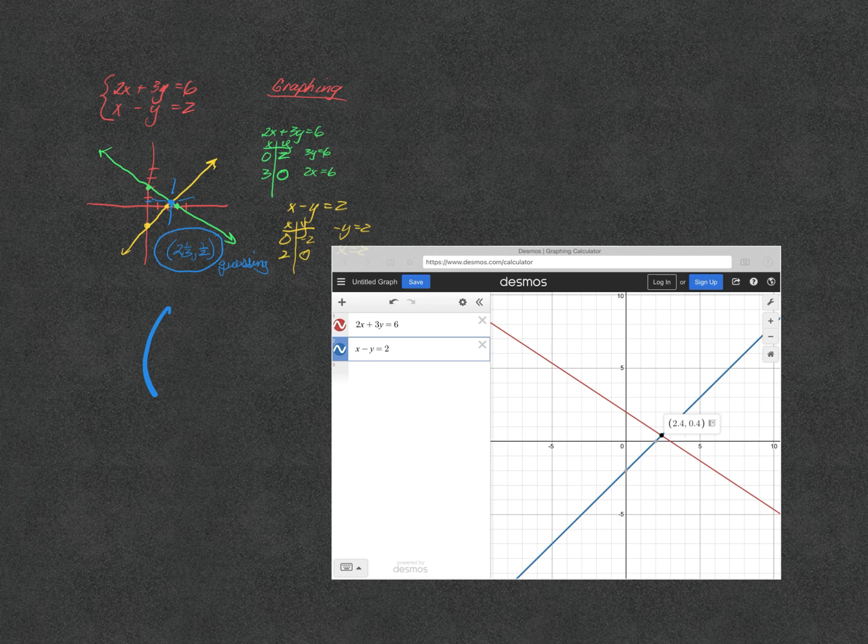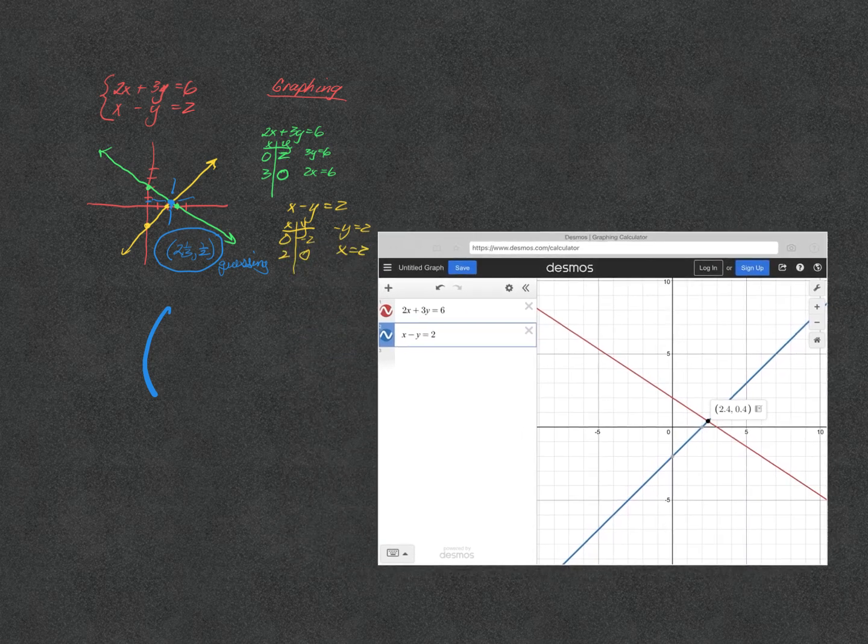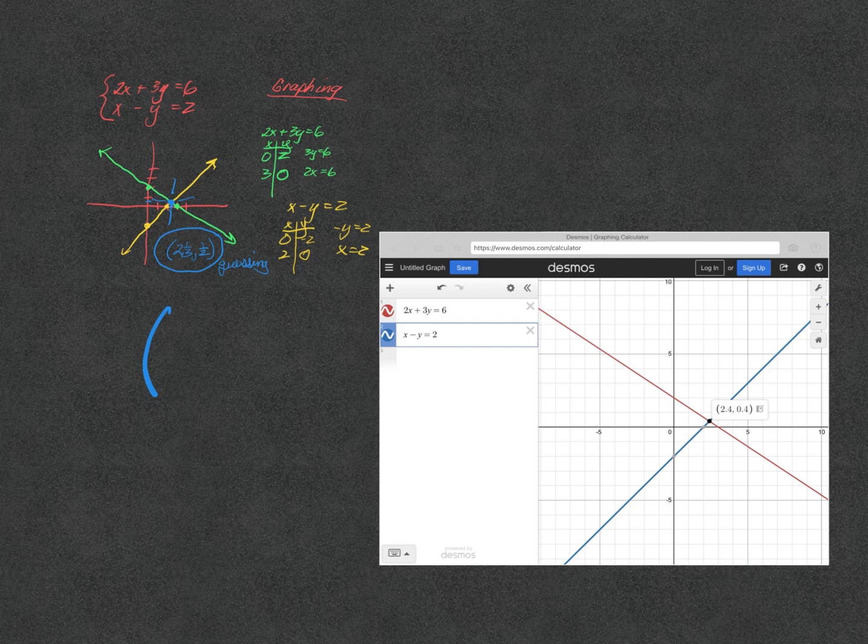Anyway, as you can see on the diagram here, the correct value is 2.4.4.